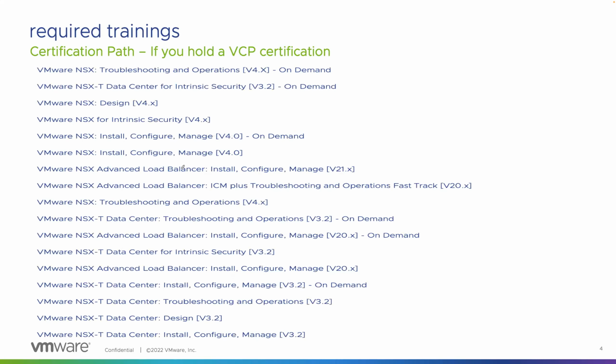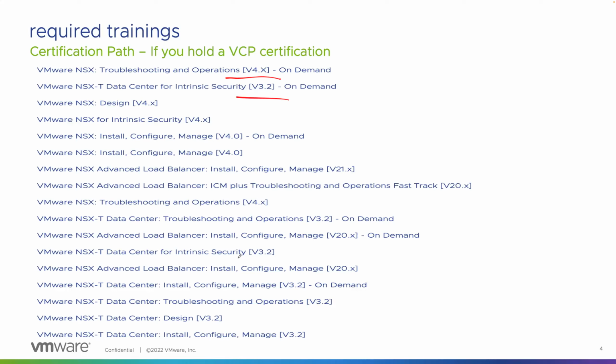When it comes to the exam and certification, we have to finish the required training. You can pick one of the trainings before you take this exam, for example NSX 4.0 or 3.2. There are a lot of trainings you can select.